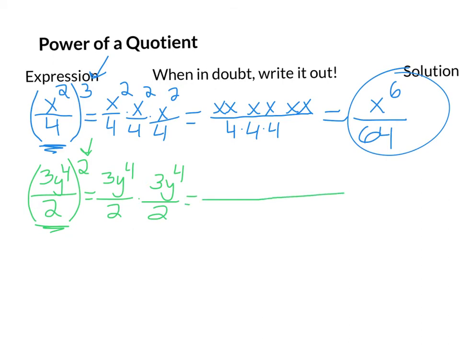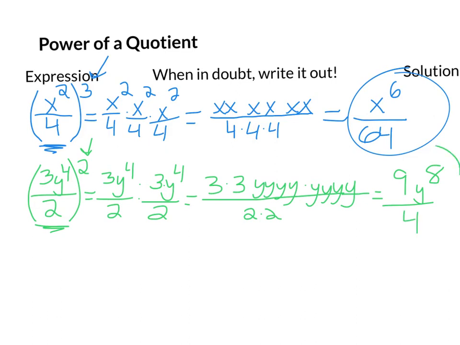And then if I expand that over, remember you can multiply in any order, so I kind of group things together. 3 times 3 out in front, y to the 4th, 1, 2, 3, 4. Another y to the 4th, 1, 2, 3, 4. And then on the bottom, 2 times 2. So this becomes 9y to the 8th over 4.